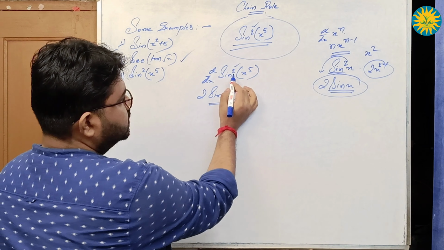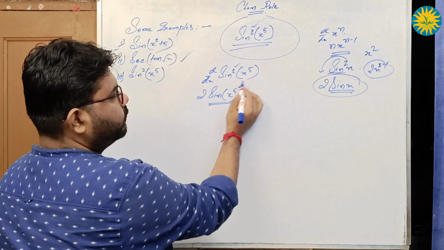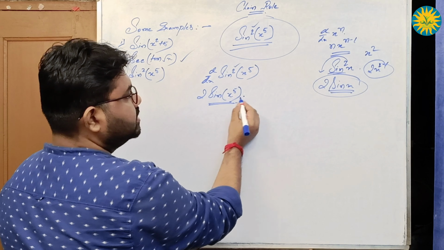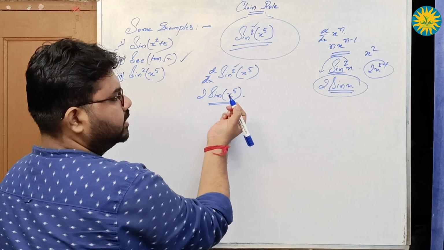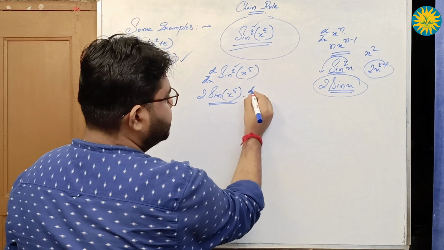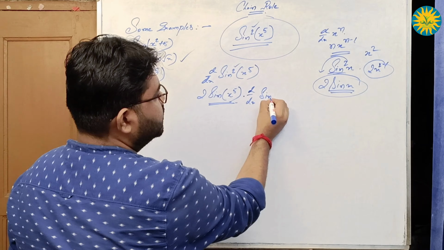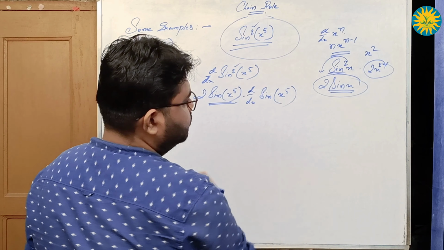Similarly, here it's sine square x to the power 5, the power comes forward, that is 2 sine x to the power 5. And since it is sine theta, it's not x, therefore we will separately differentiate this sine theta, that is into d dx of sine x to the power 5.